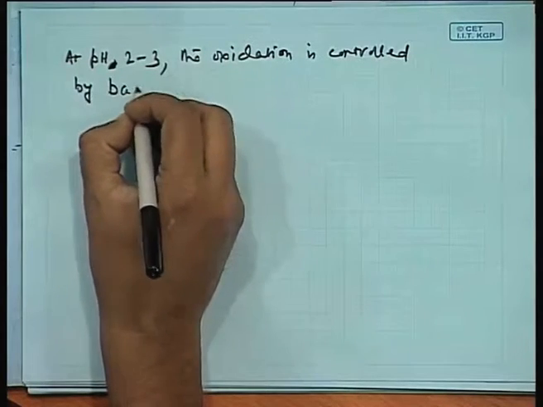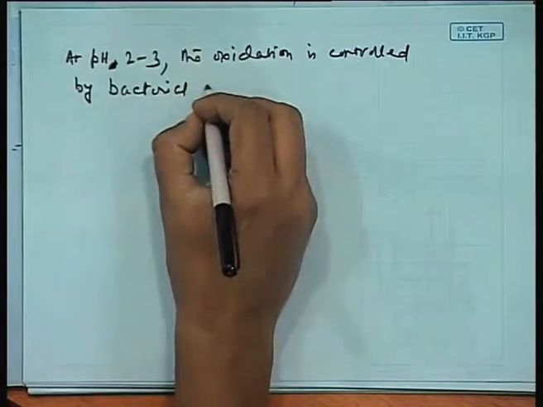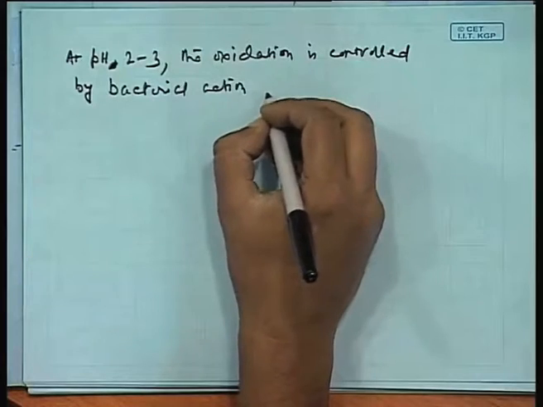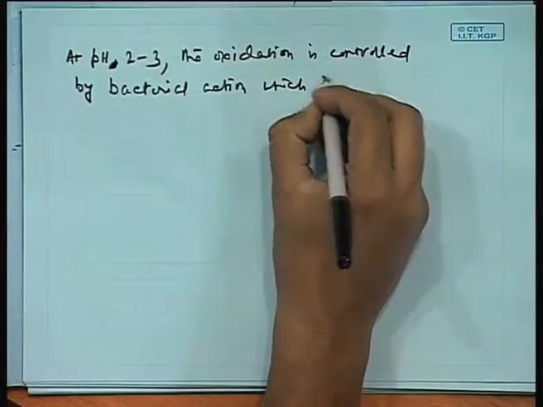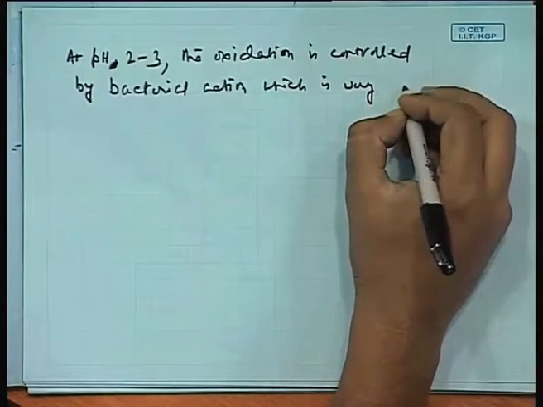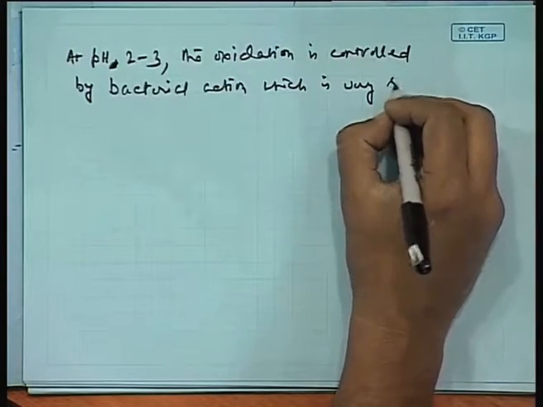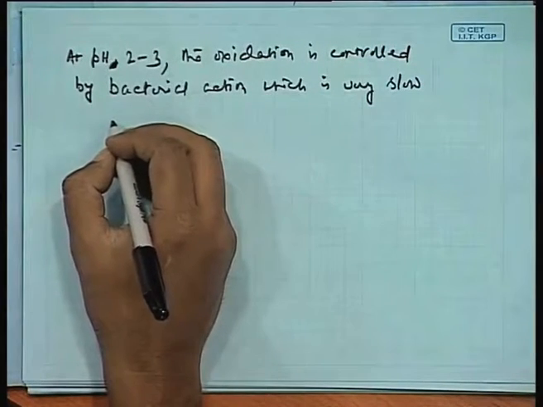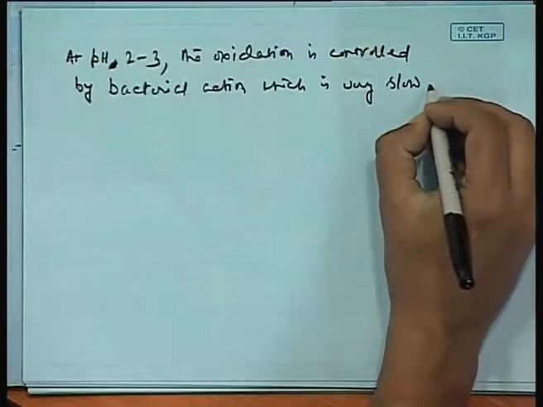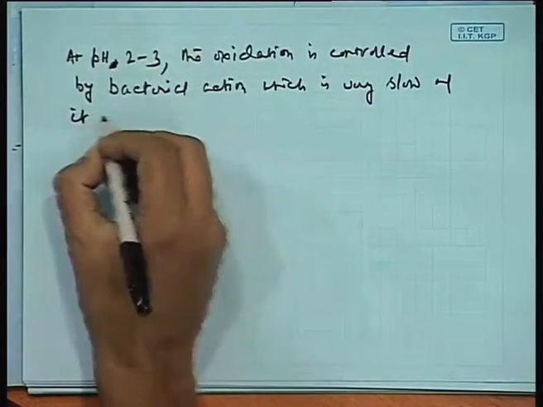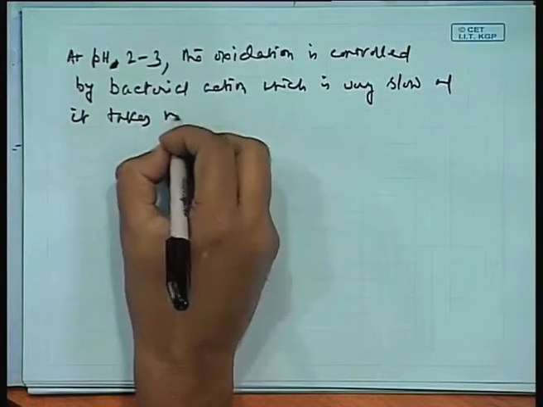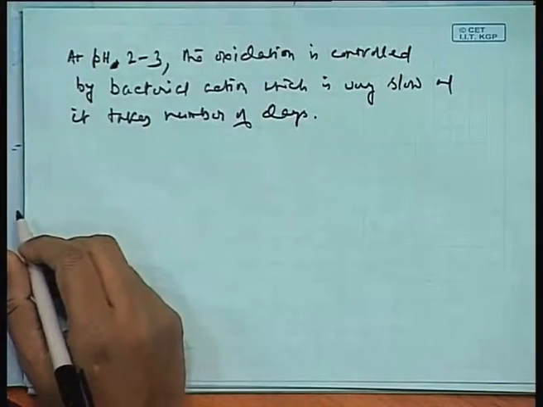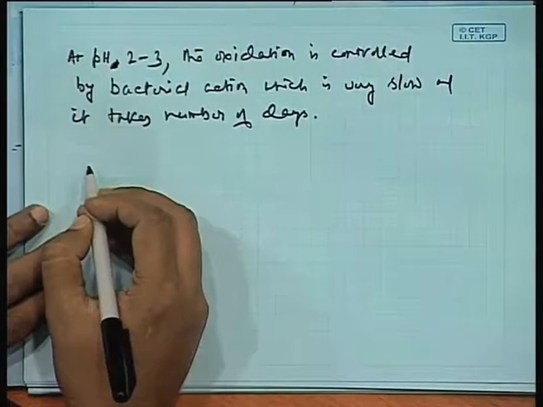The bacterial action control is very slow, and the oxidation is very slow, so it can take a number of days.